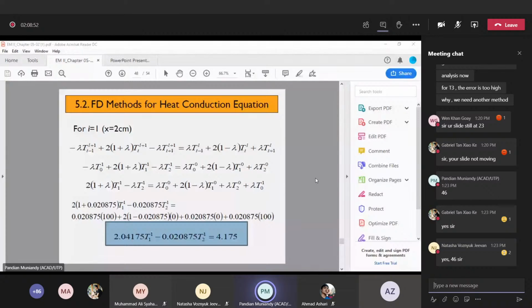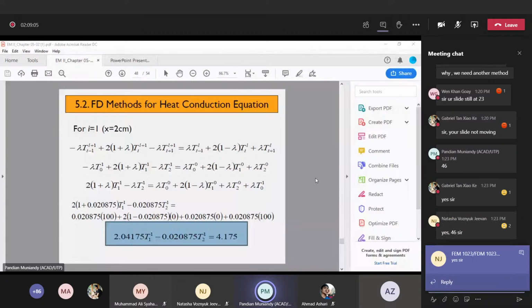Can you get the first equation? Yes or no, class? First equation. Natasha, okay.